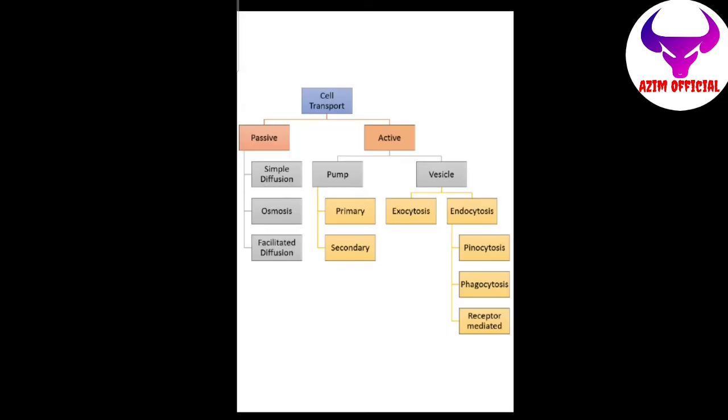Now we're going to know about the cell transport. As I was saying, we have two transport systems. One is passive transport, and another is active transport. Passive transport has three brothers: simple diffusion, osmosis, and facilitated diffusion.